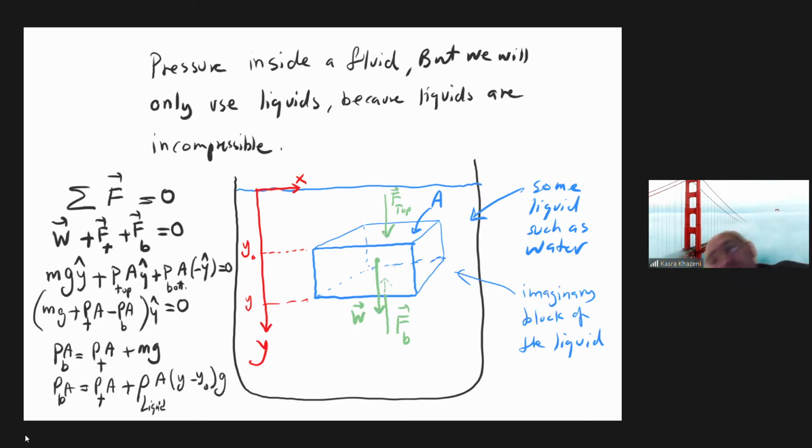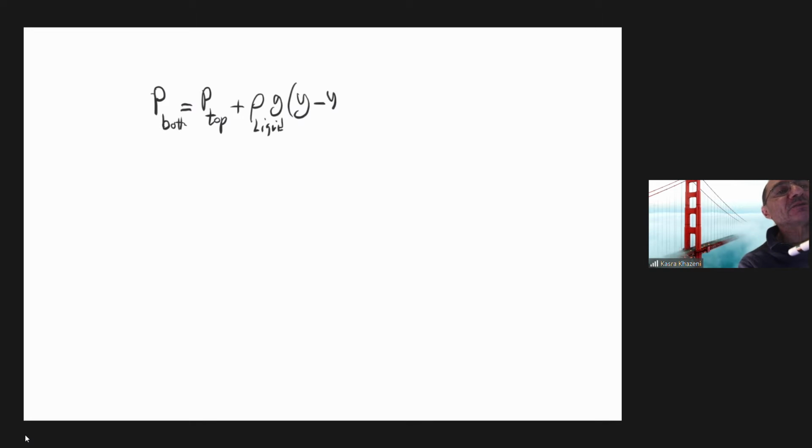Okay, so far we have that equation. Now, obviously, I can cross out the areas from both sides of the equation. And then I finally get the equation: P at the bottom is equal to P at the top plus rho of the liquid g times y minus y naught.